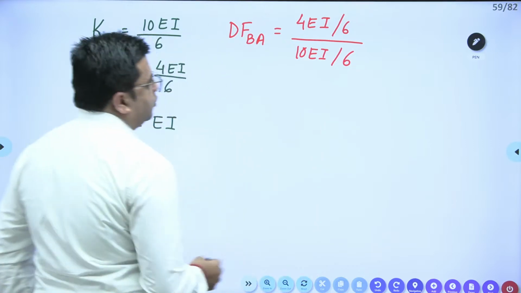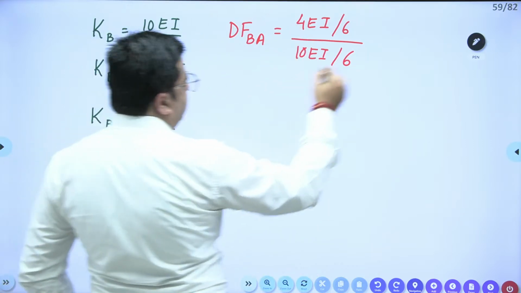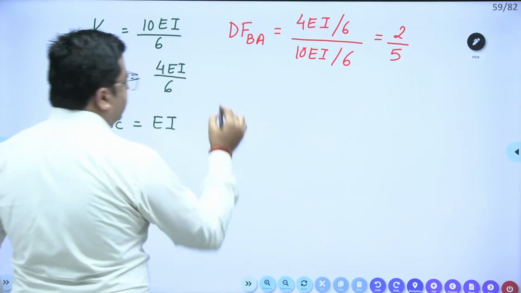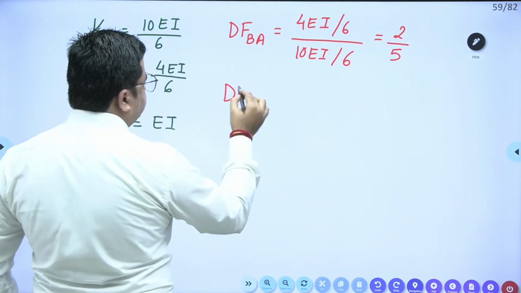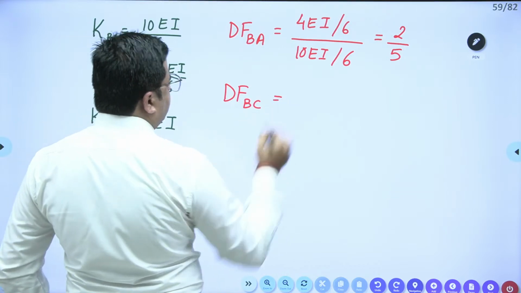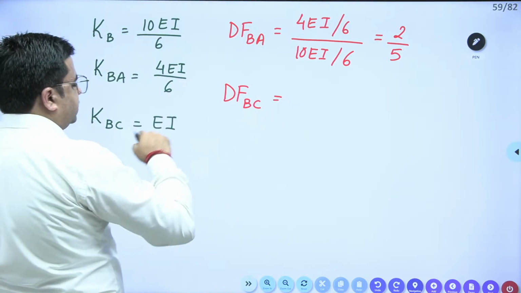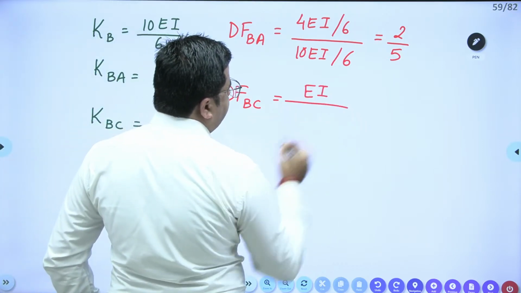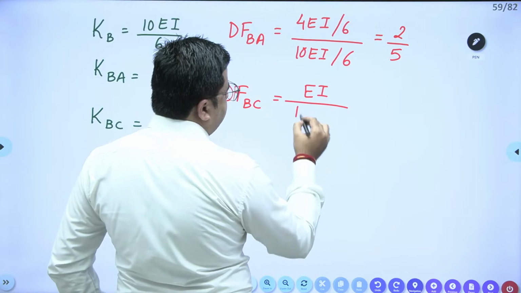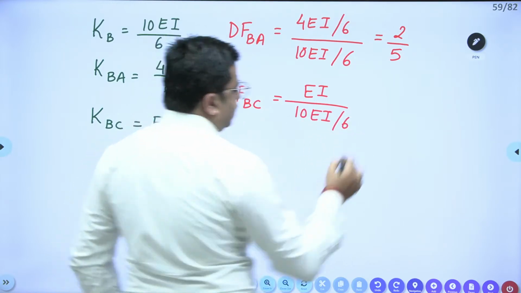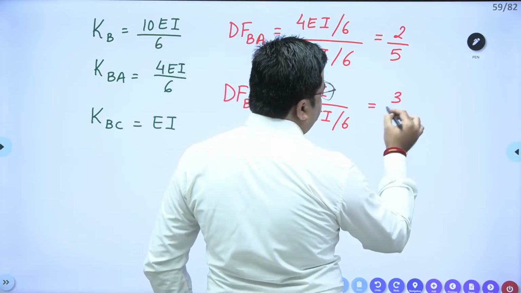So this comes out to be 2 by 5, right? Similarly, the distribution factor for BC is equal to the stiffness of BC, that is EI, divided by the total stiffness, that is 10EI by 6. So this comes out to be 3 by 5.